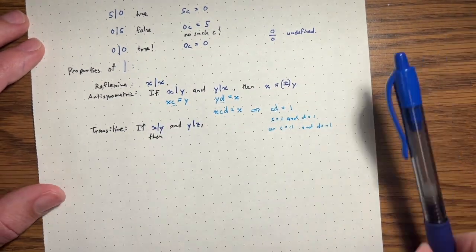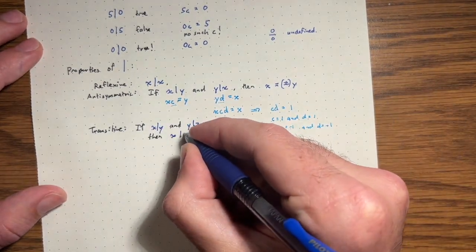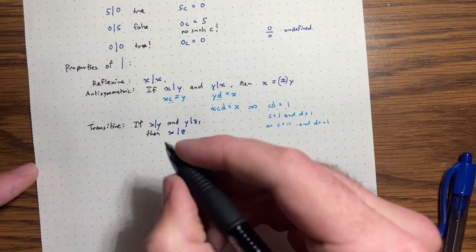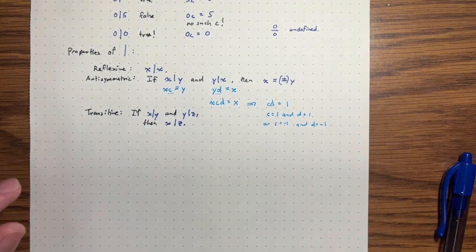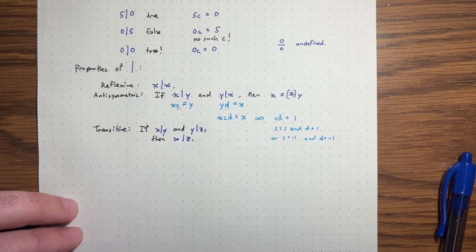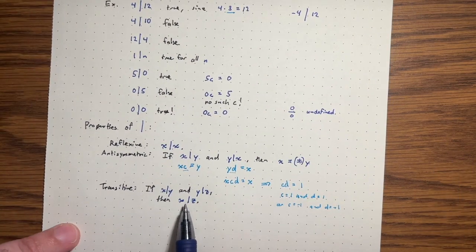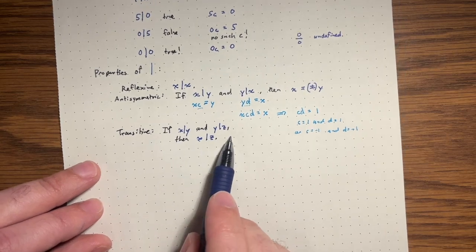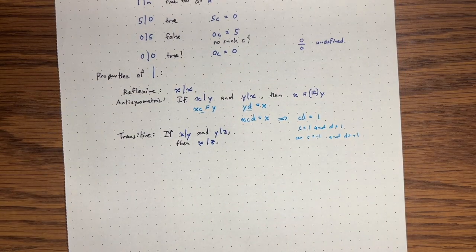Then X divides Z. So it's kind of a chain of divisibility here. I will leave this one to you to try to prove. It's good practice. It's not too difficult. What do you want to show? You want to show that there's some integer such that X times that number equals Z, assuming these two things.